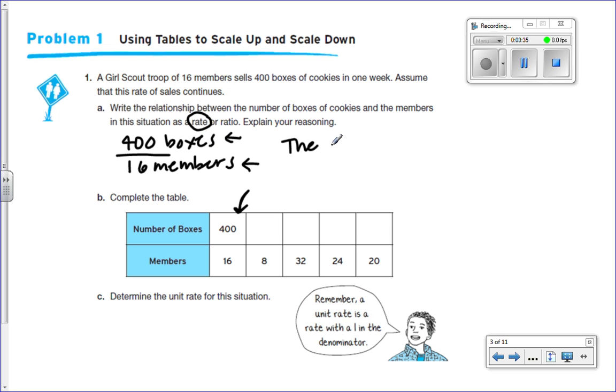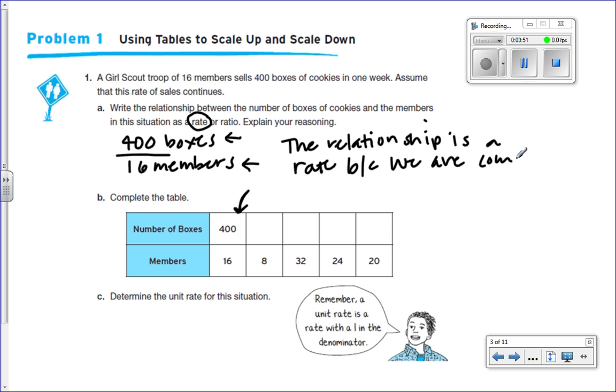So again, the relationship is a rate because the units are different. We're comparing different units. We have boxes and we have members.